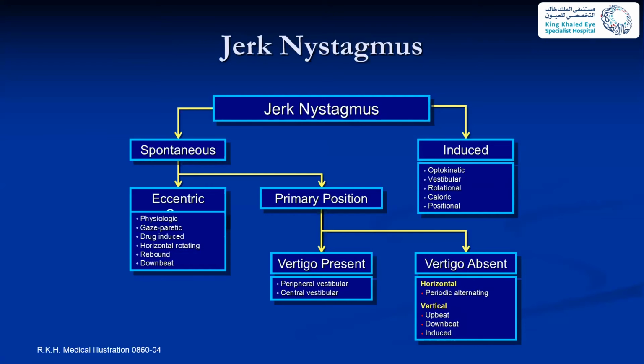This caloric test is done for a patient who is comatose. Or there is a certain position where the patient looks and the nystagmus starts showing. So this is what induced nystagmus is.